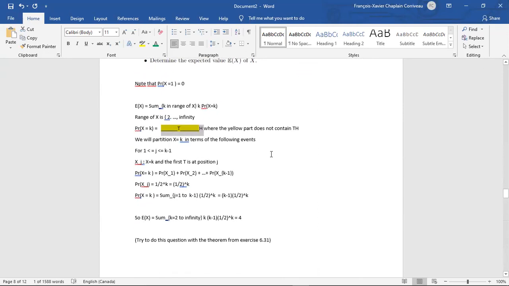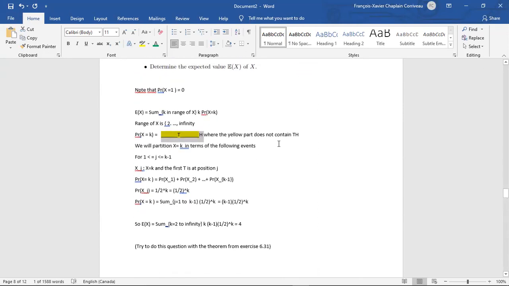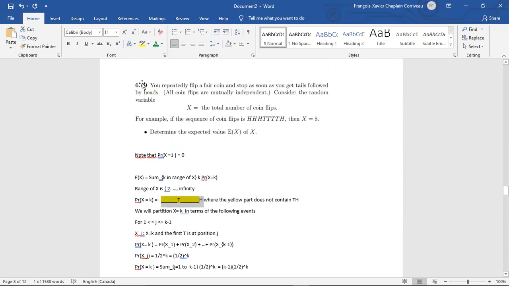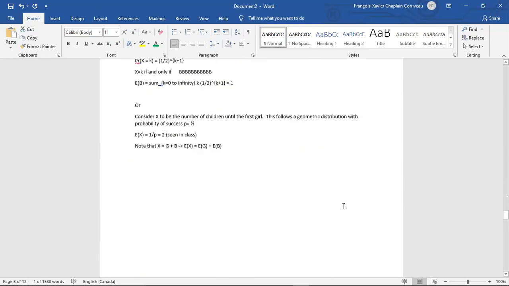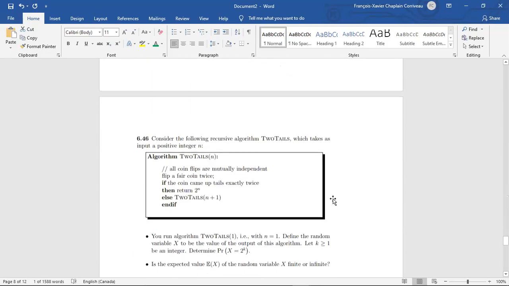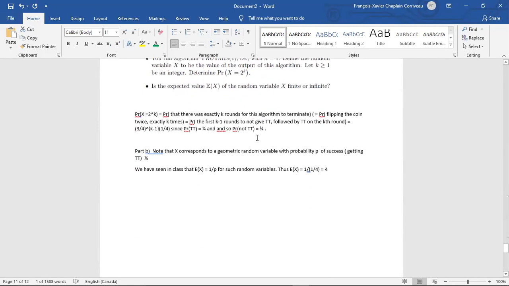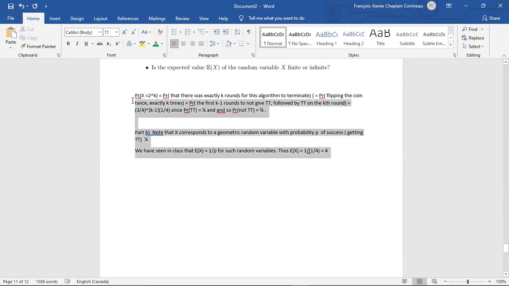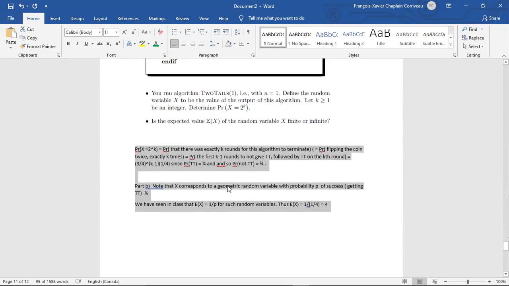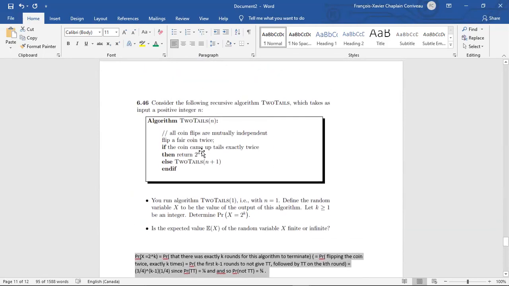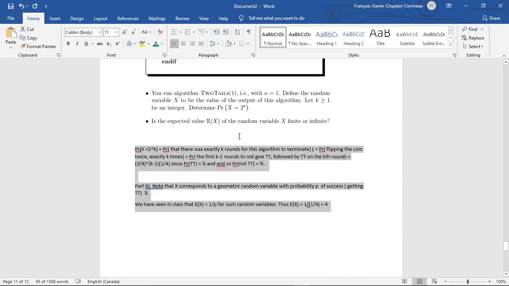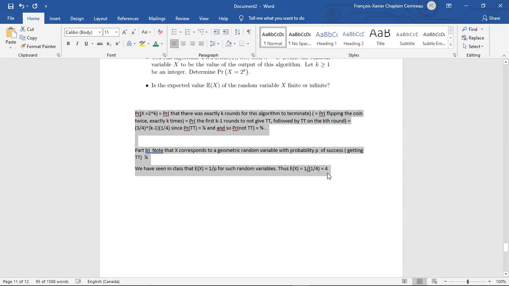But really, this question you could translate in terms of an algorithm, and then it becomes much nicer to deal with. So the expected value of X, the number of times you have to flip coins until you get tails tails, is equal to 4.